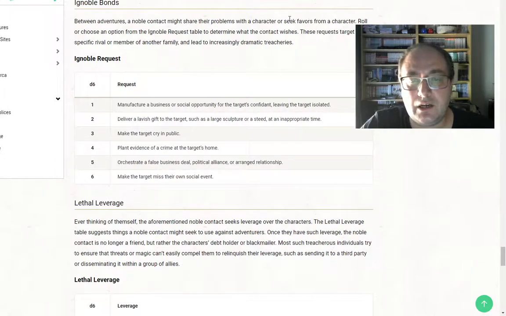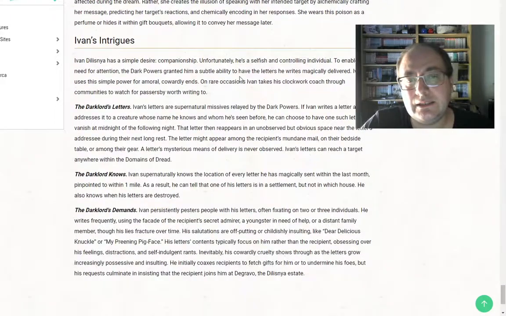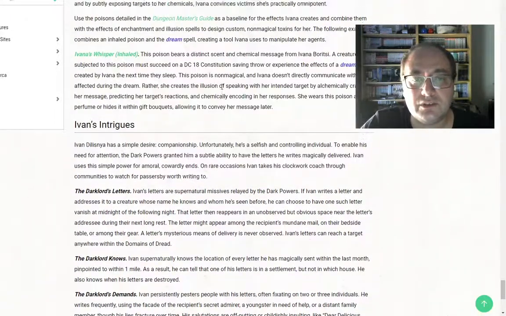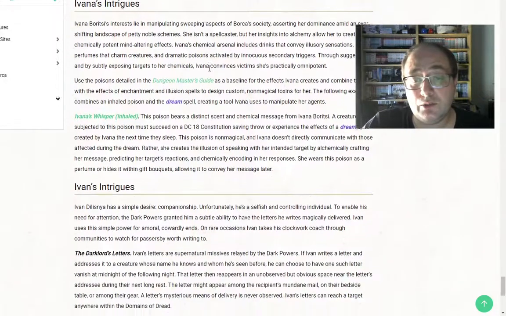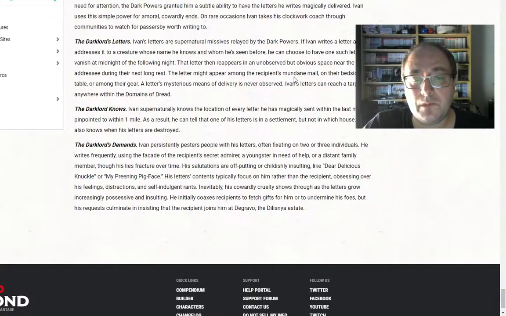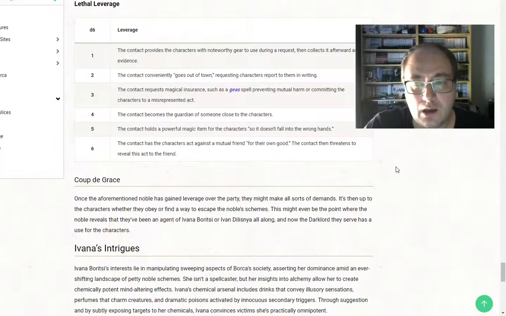You've got some tables about requests that might leave your PCs in debt, owing favors to various jaded nobles, lethal leverage, and a section explaining how Ivana and Ivan are scheming against each other, and how the PCs can fit into that, including some new poisons, things like that. That's nice, but again, it doesn't strike me as being horror.